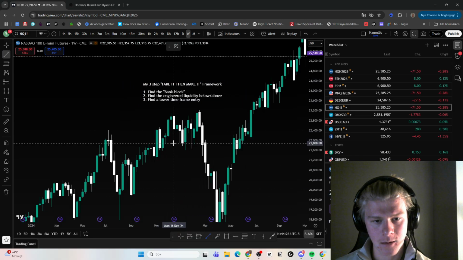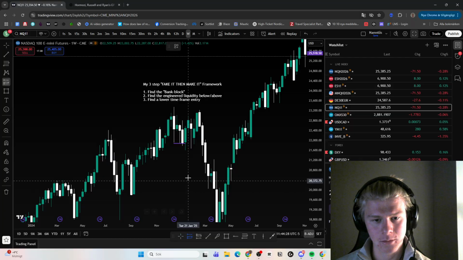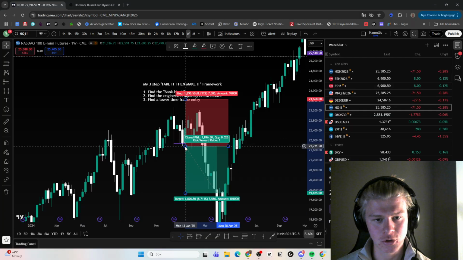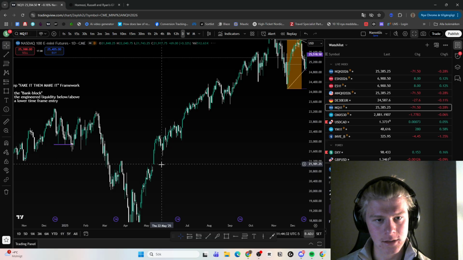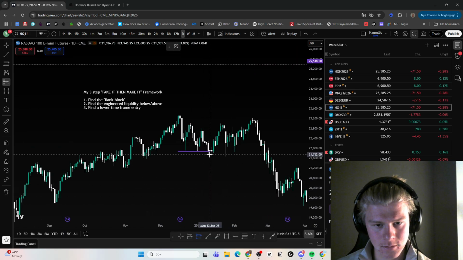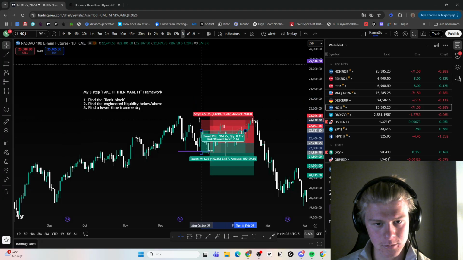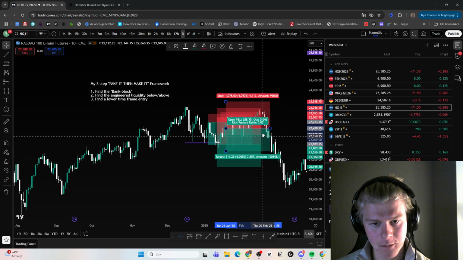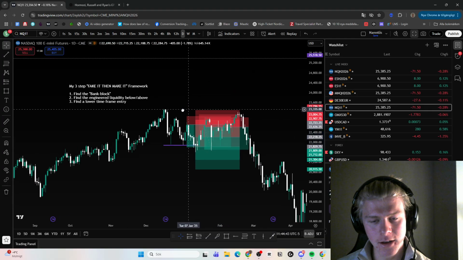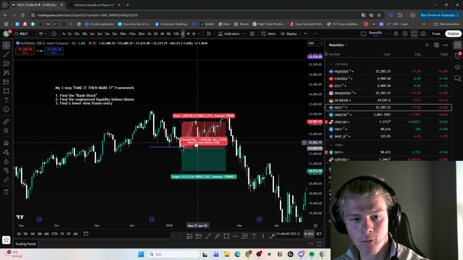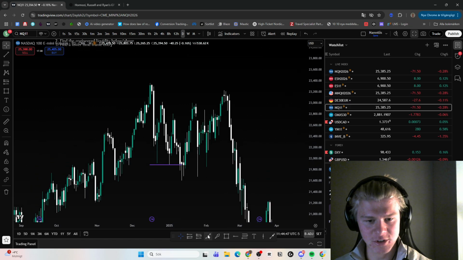So this breakout below, people go short. Get these double top, double top, double top. It's so clearly engineered liquidity and it can't run before we sweep.